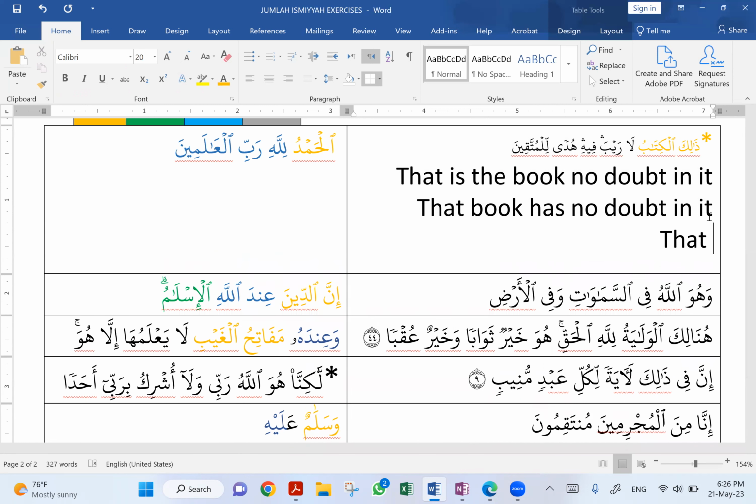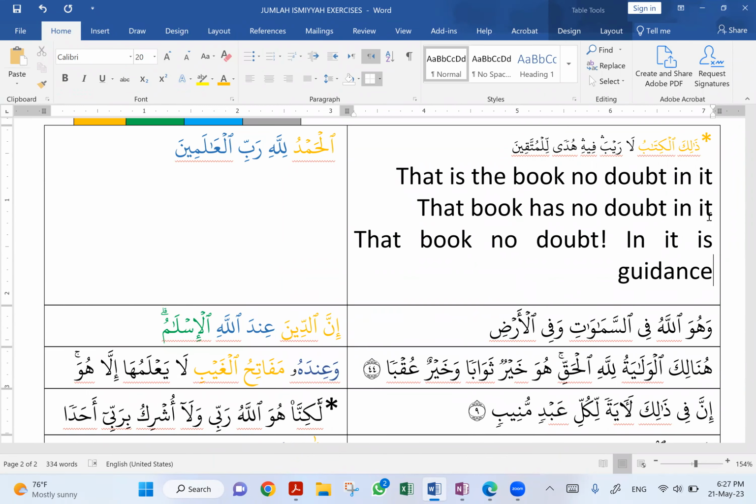And these are the different scenarios that he presented. So you can say that is the book, no doubt in it. That book has no doubt in it. You can also say that book, no doubt in it is guidance. So you can say something like that.